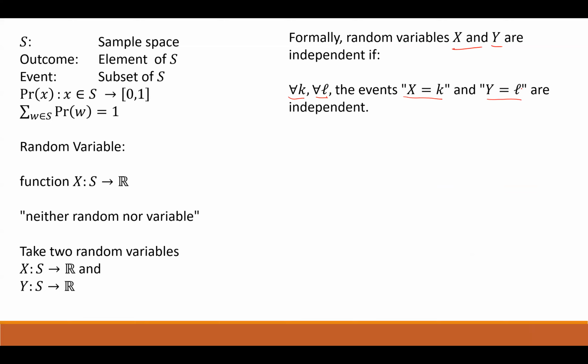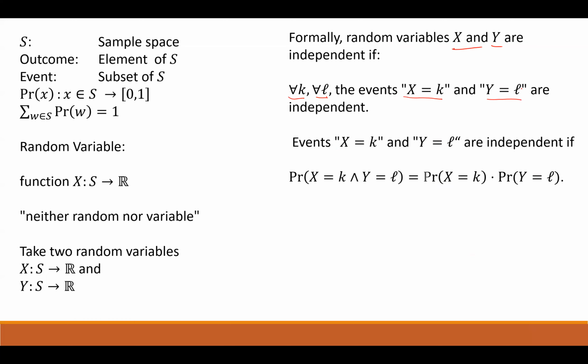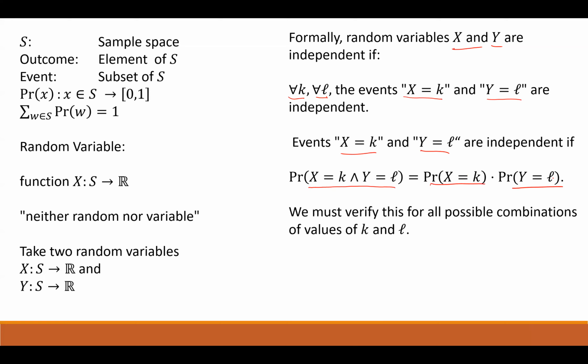So this is like, remember how boring it was to do these equations for independence? Now with random variables, you get to do many times that many equations. So it's a lot of extra tedious work, but again, these do have importance. So if I have events x equal to k and y equal to L, then the probability of both of these events happening is equal to the probability of x equal to k times the probability of y equal to L. And I have to look at this equation for all possible values of k and L, right?